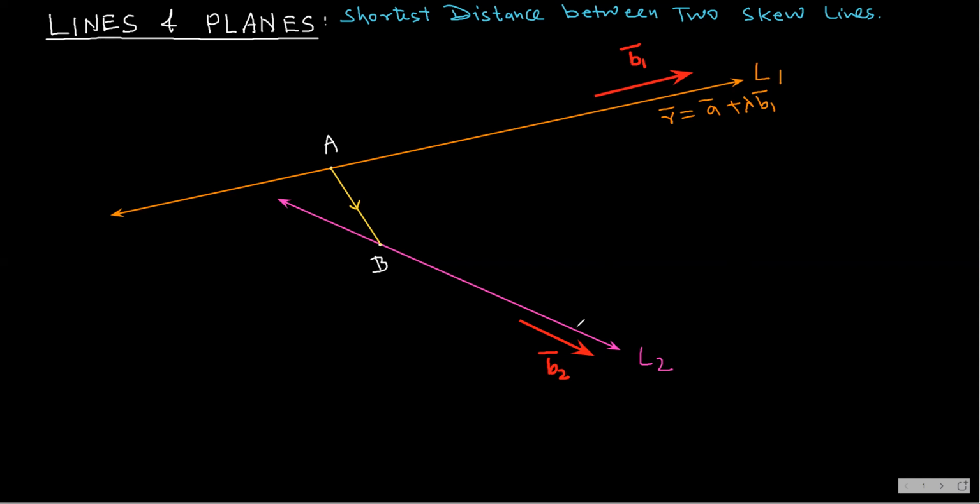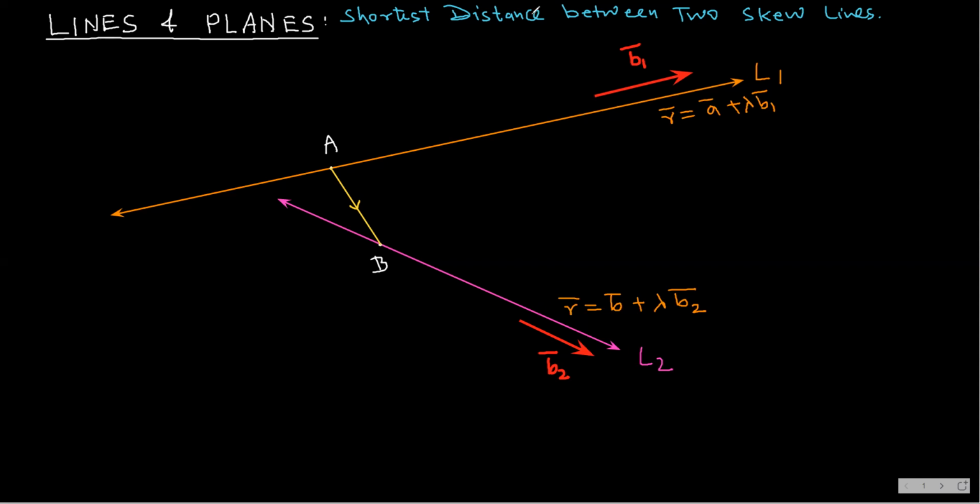The equation of line L2 is given as R bar equals B bar plus lambda B2 bar. Here B bar is the position vector of point B on the line, and B2 bar is the vector parallel to line L2. These are the minimum required data for finding the equation of a line: one point on the line and a vector parallel to the line.